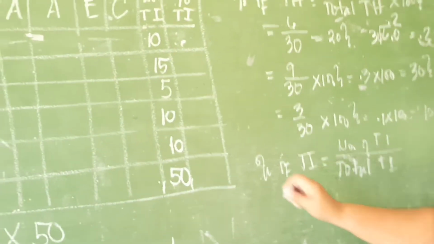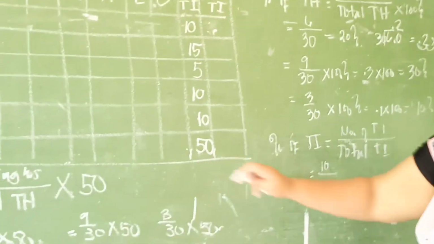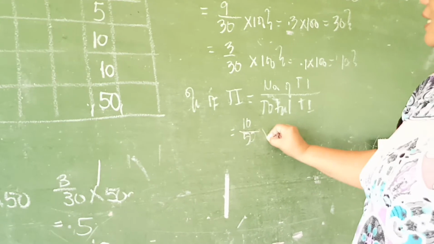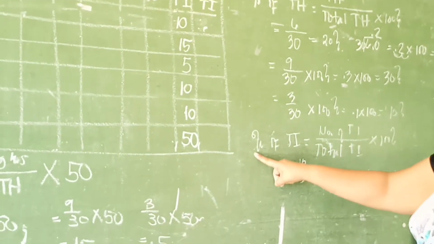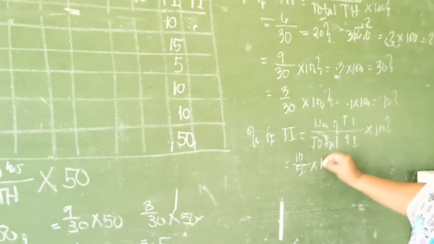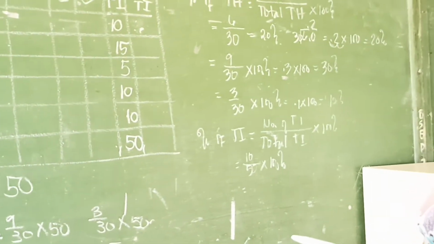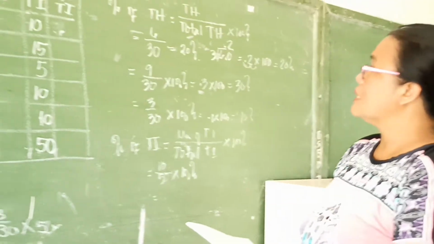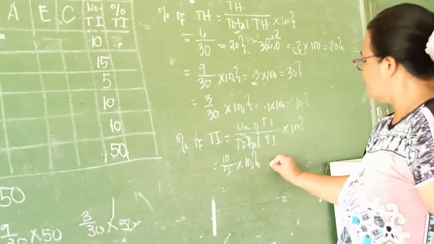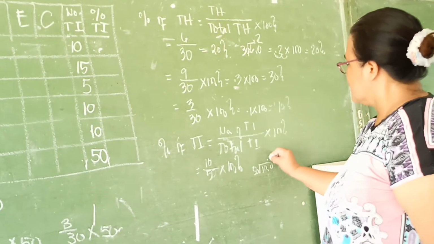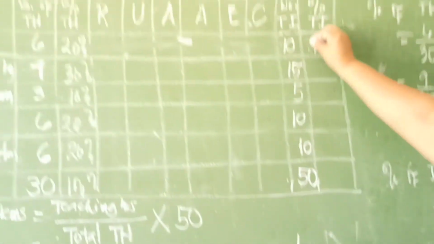So if your test item is 10 divided by the total, which is 50, times 100%. If you divide 10 by 50, the answer is 0.2, which is also 20%.